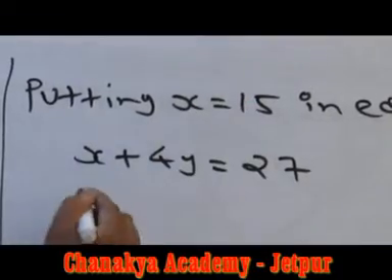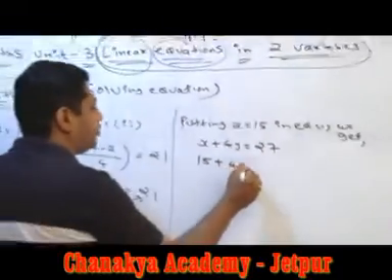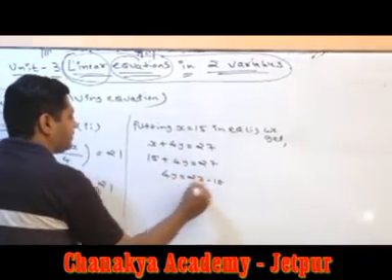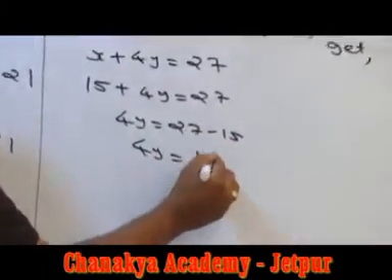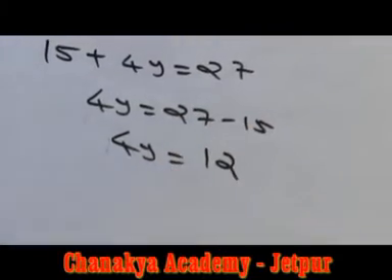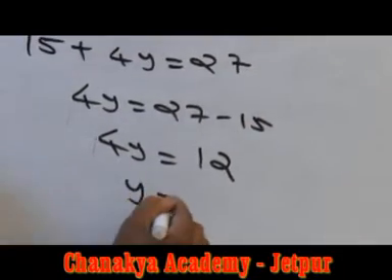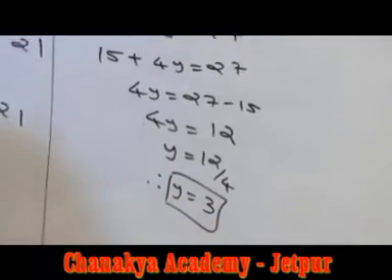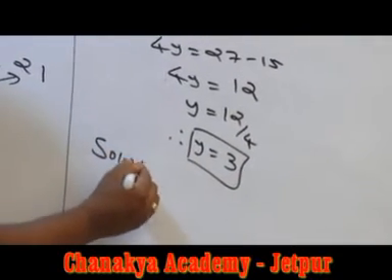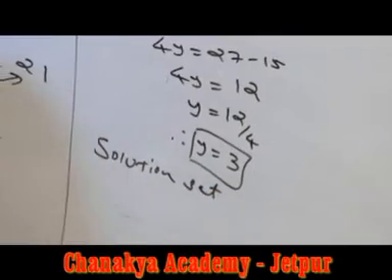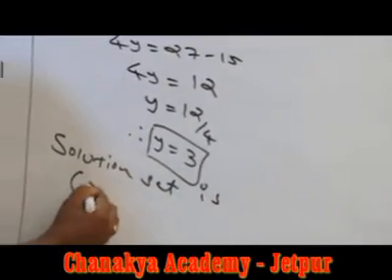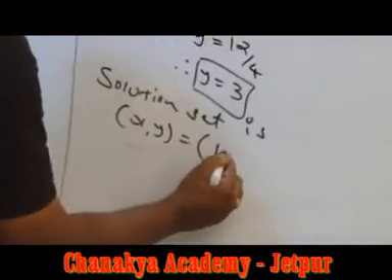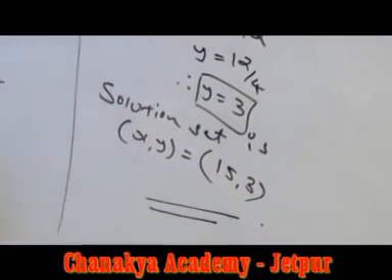Now substituting the value of x, 15 plus 4y equal to 27. 4y equal to 27 minus 15. 4y equal to 12. 27 minus 15, 12. Y equal to 12 by 4. Therefore, value of y will be 3. Okay students, solution set. The main step is x comma y equal to value of x is 15 comma 3. Okay students, here our sum gets completed.